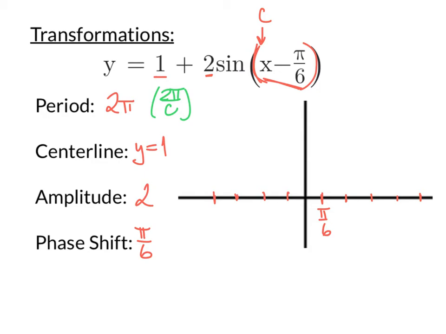Those 4 steps are one wavelength. That means to get from the beginning to the end, we have to go 2 pi units. So if I add 2 pi to pi over 6, that would be 13 pi over 6.